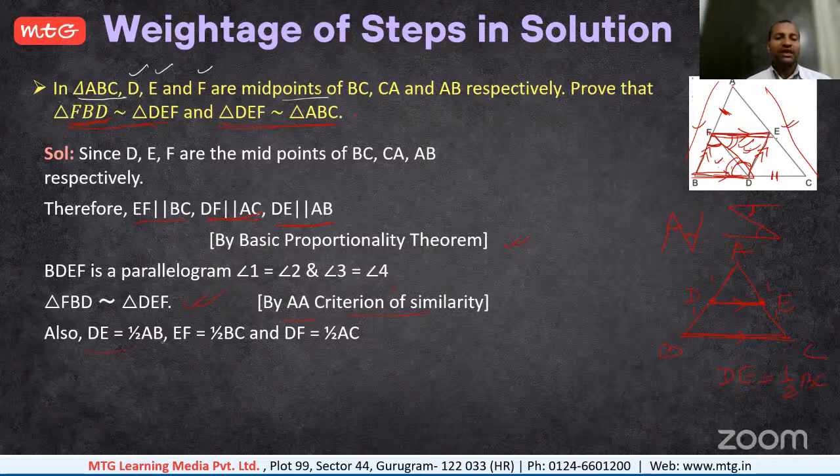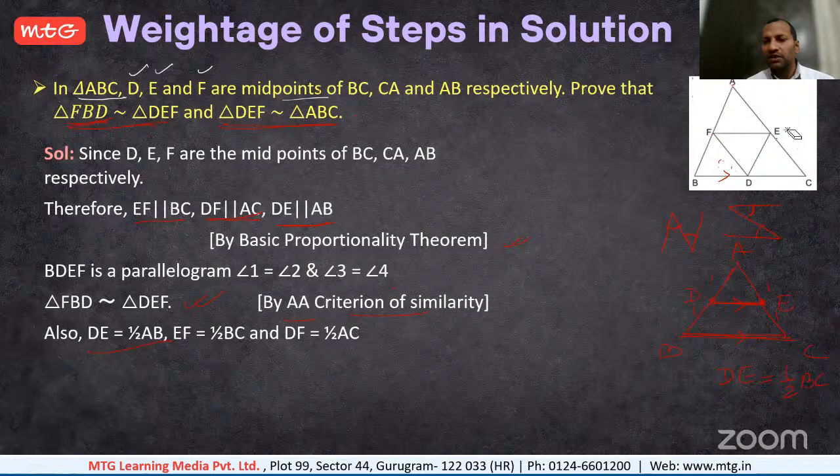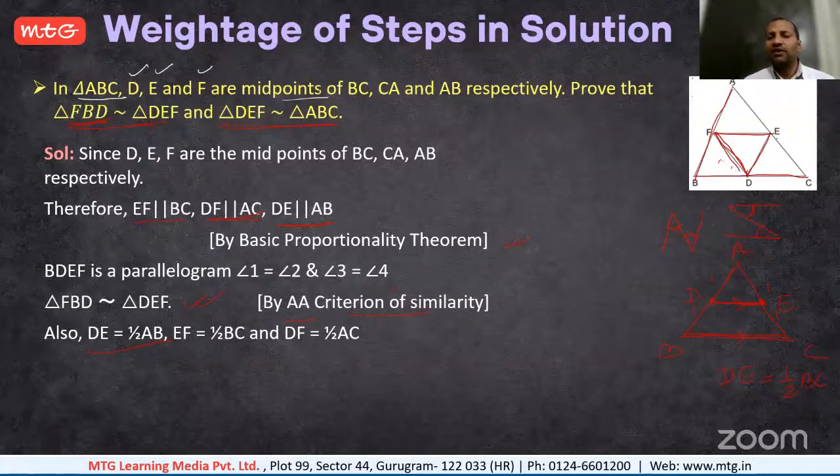So here DE is half of AB. Let me remove what I have done so you can see clearly. Here DE is half of AB by the midpoint theorem. Similarly, EF will be half of BC and FD will be half of AC. That we have written here.